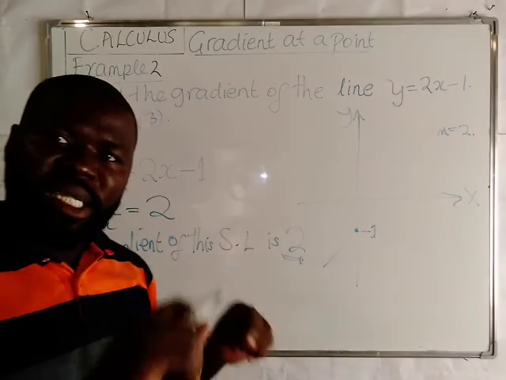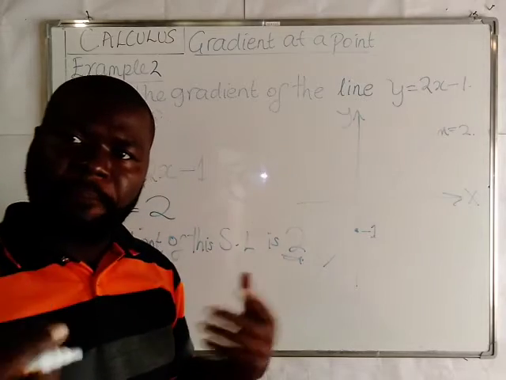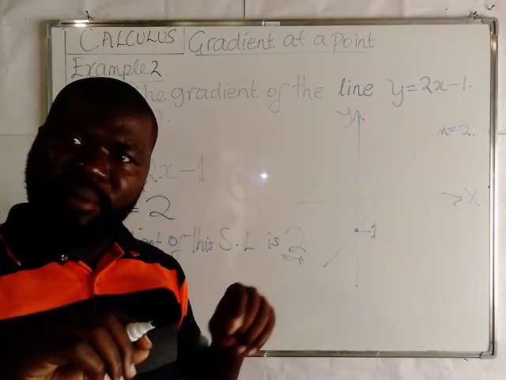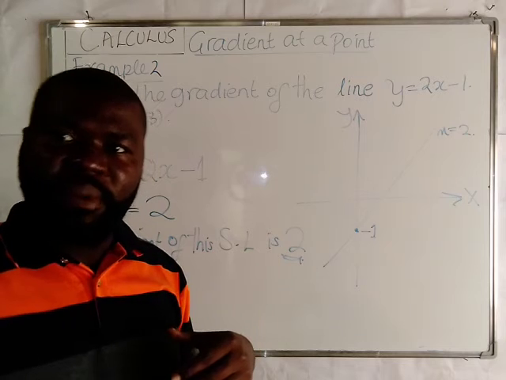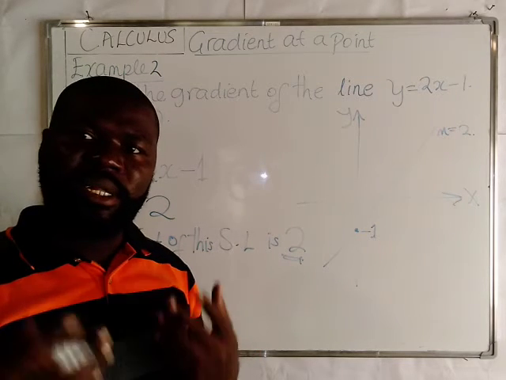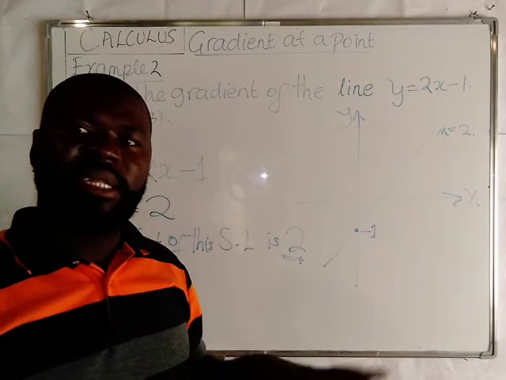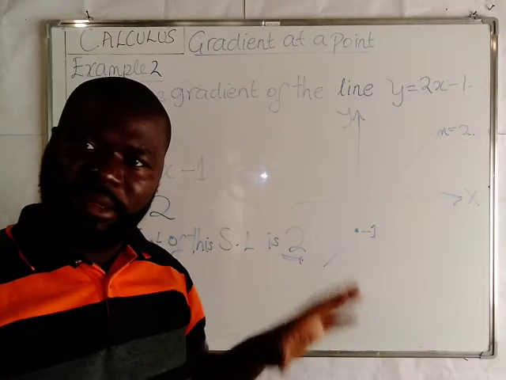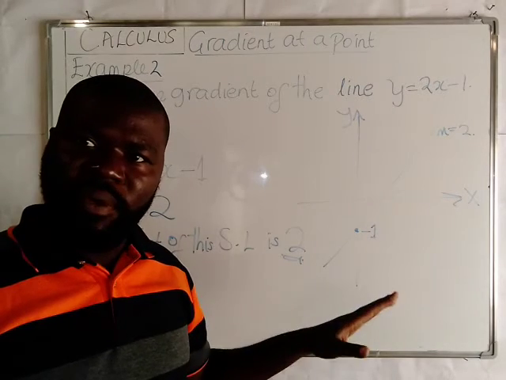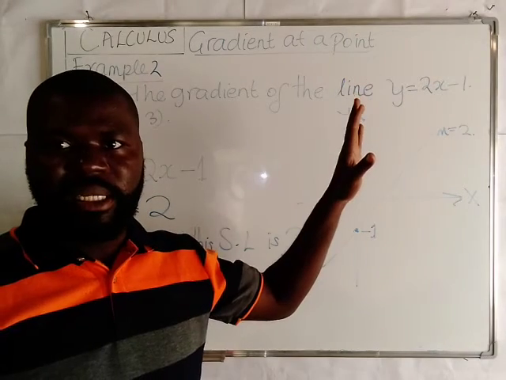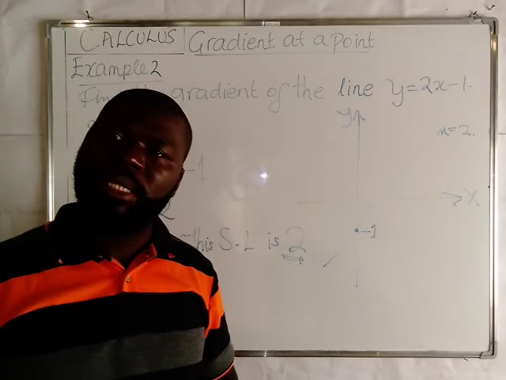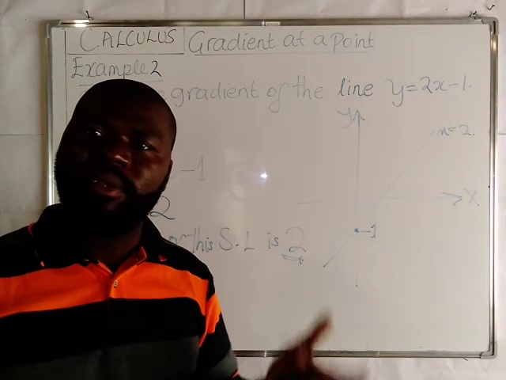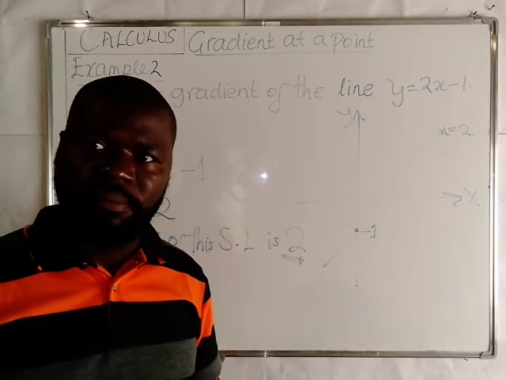It means the line slants upwards to the right, because its gradient is positive. When the gradient is positive, it means a particular straight line slants upwards to the right. Okay, so basically this is how we do it when we are getting the gradient of a straight line.